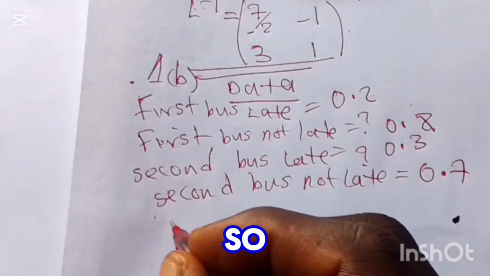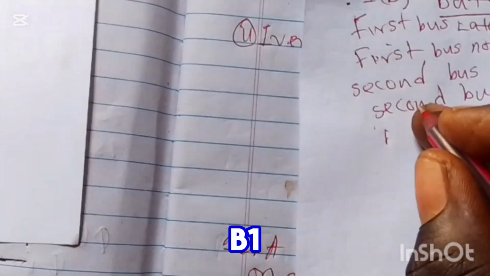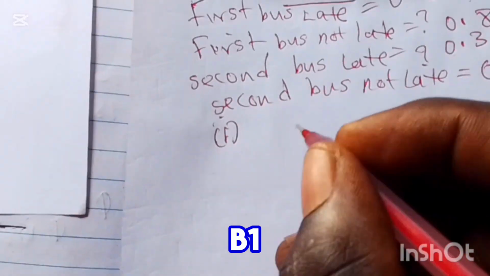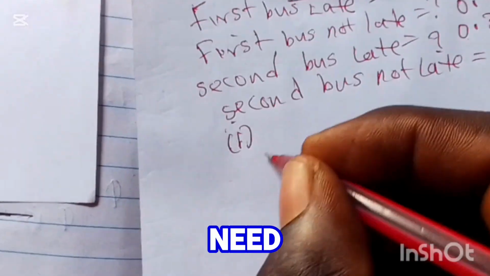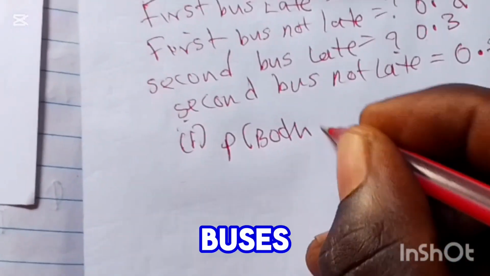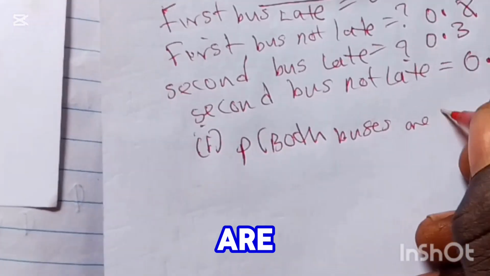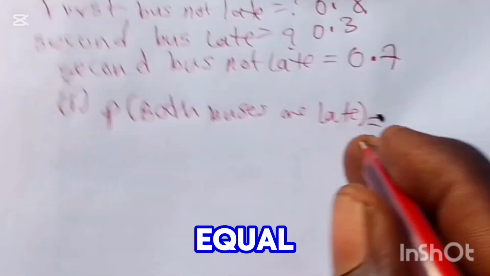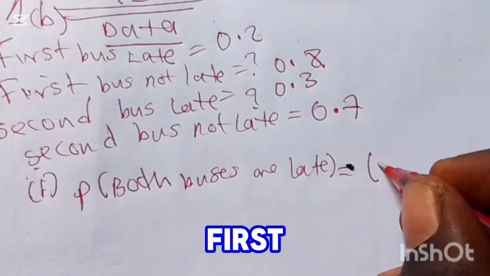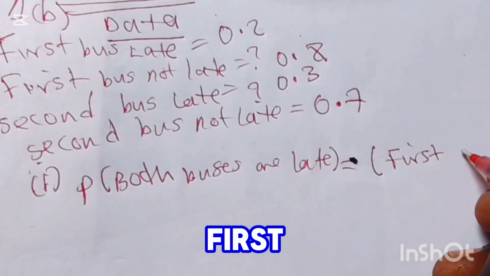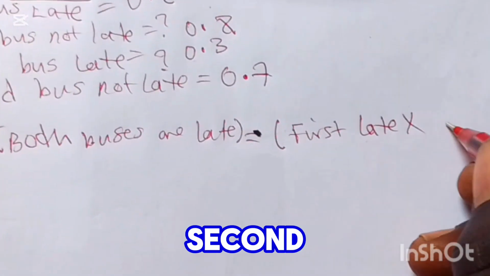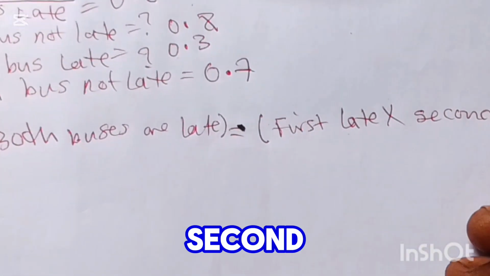So question number 1, they say that both buses are late. So we need to find the probability of both buses being late, so we multiply first late by second late.